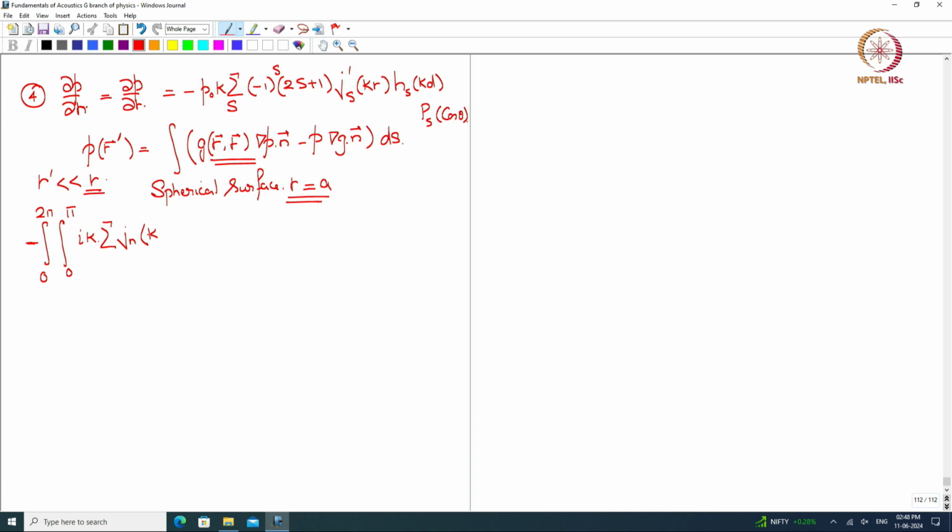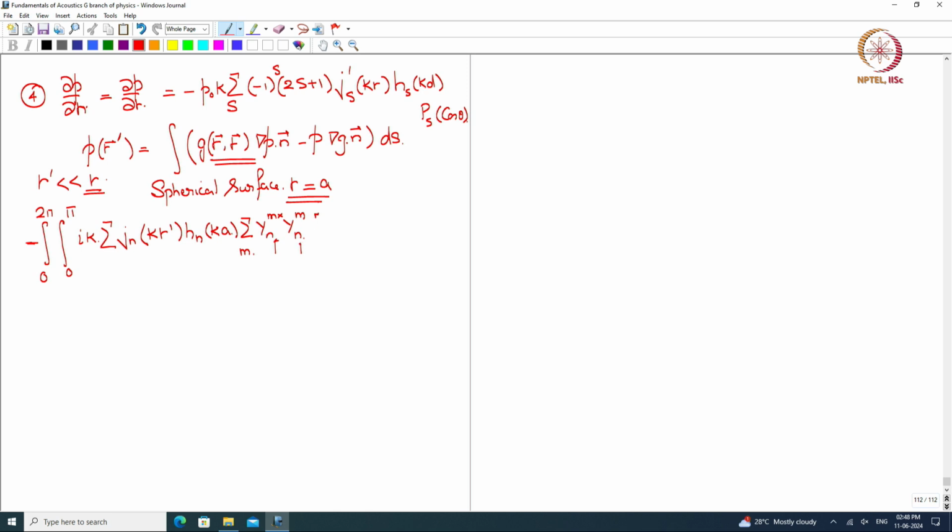So j n k r dash, the inquiry point, h n of k a, the surface, and this double sum over m Y m conjugate n Y m n, okay, theta dash phi dash theta phi, etc.